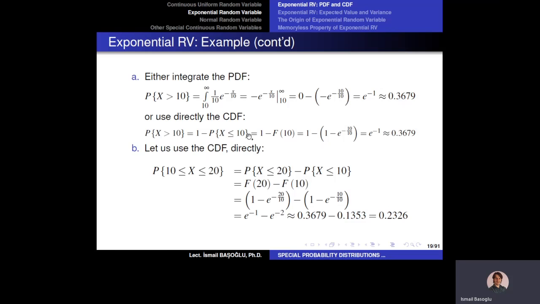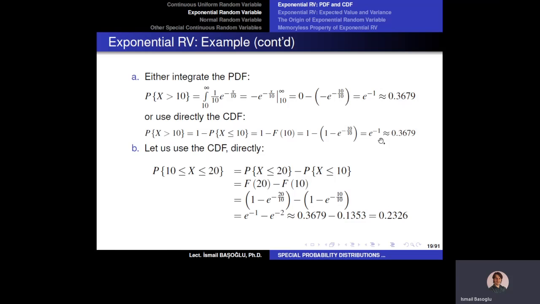So if we subtract the probability of this event from 1, you are going to get the probability of x being greater than 10. And this probability is basically calculated with the cumulative distribution function. So we can say 1 minus the CDF at 10, which is computed by using the CDF function 1 minus e to the power minus lambda x, where lambda is 1 over 10 and x is 10. You are going to again see that the result is going to be e to the power minus 1.